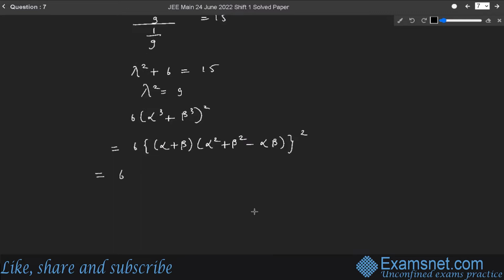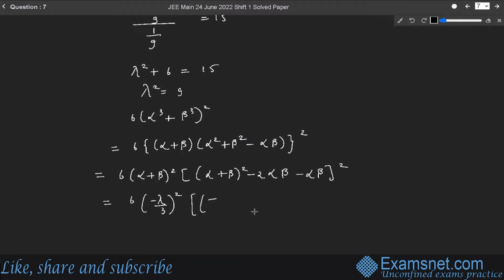So 6 into (alpha plus beta) whole square multiplied by ((alpha plus beta) whole square minus 2 alpha beta minus alpha beta) whole square. So it will be equal to 6 into (minus lambda upon 3) whole square into ((minus lambda upon 3) whole square minus 3 into minus 1 by 3) whole square.